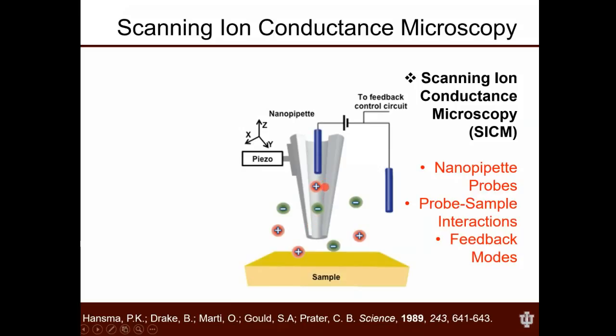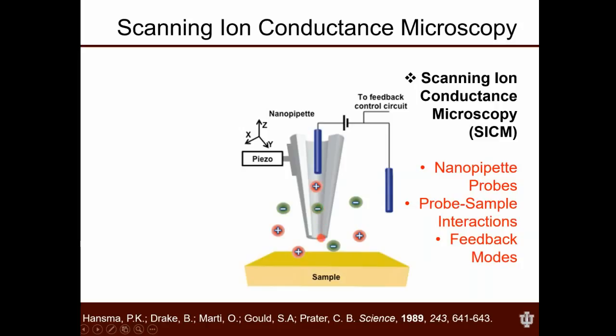The pipette's filled with an electrolyte solution. So this sample is completely immersed in solution. It's an in situ technique. We're not in vacuum or in air. There's an electrode inside the pipette and an electrode outside the pipette, and a potential difference is applied between these two electrodes.